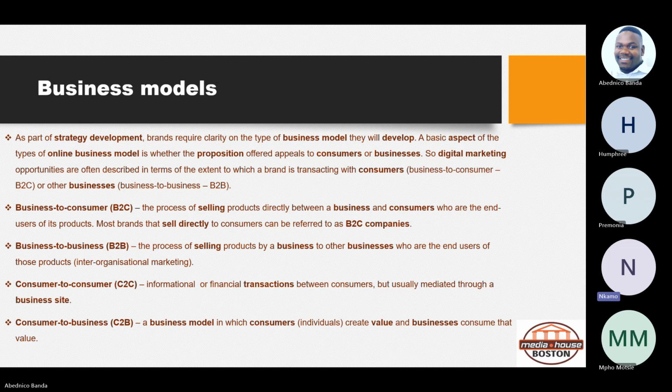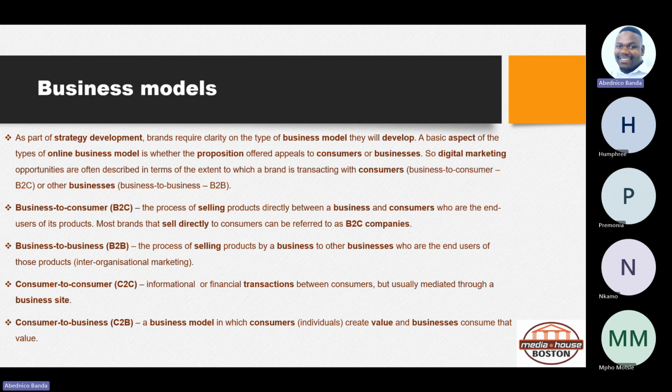And a brand that comes to mind is Cash Crusaders, for example. Cash Converters, those two brands, whereby individual consumers give items to the business, exactly.